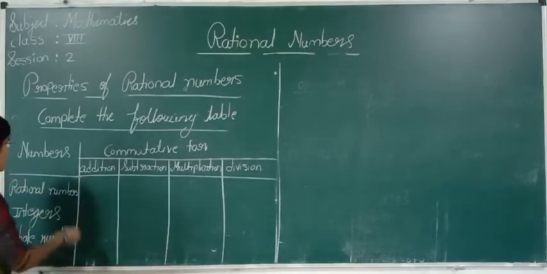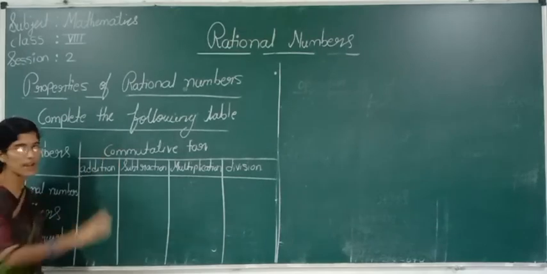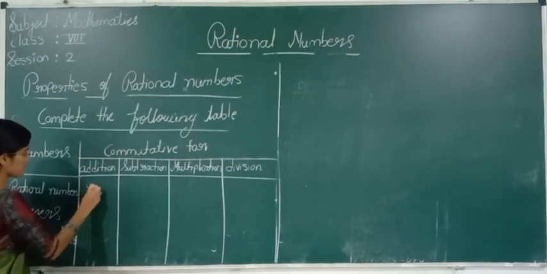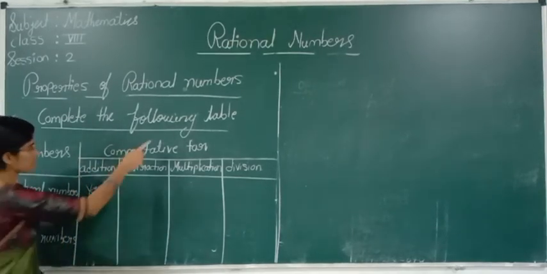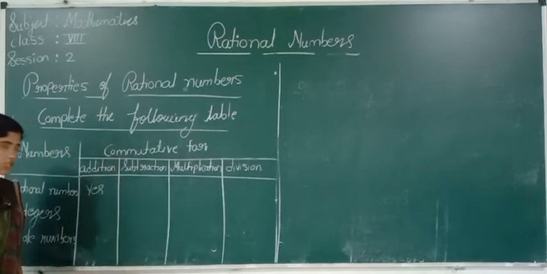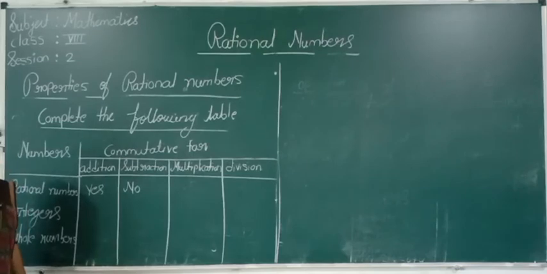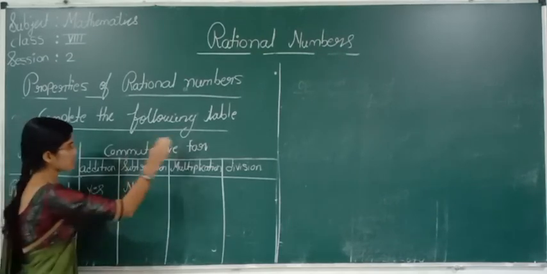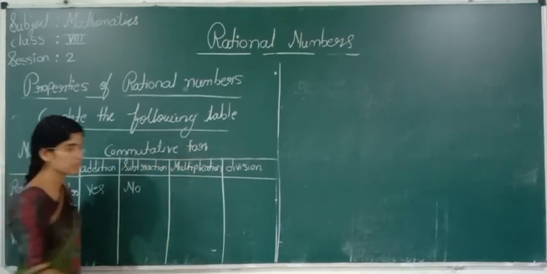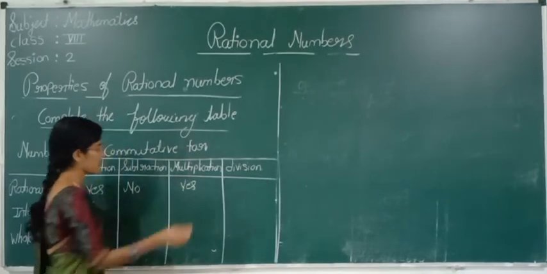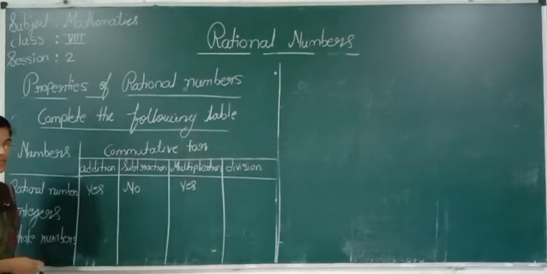Now tell me, are rational numbers commutative for addition? Yes. Are rational numbers commutative for subtraction? No, because a minus b is not equal to b minus a. Are rational numbers commutative for multiplication? Yes. Are rational numbers commutative for division?